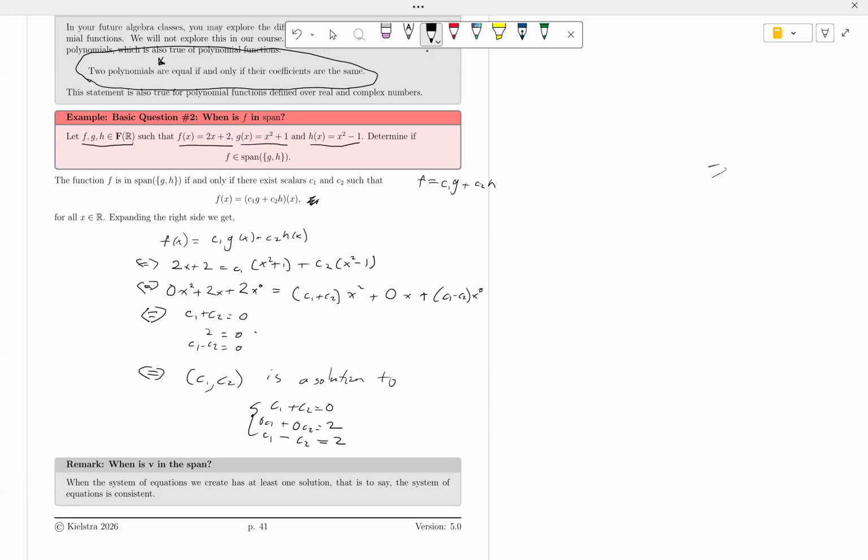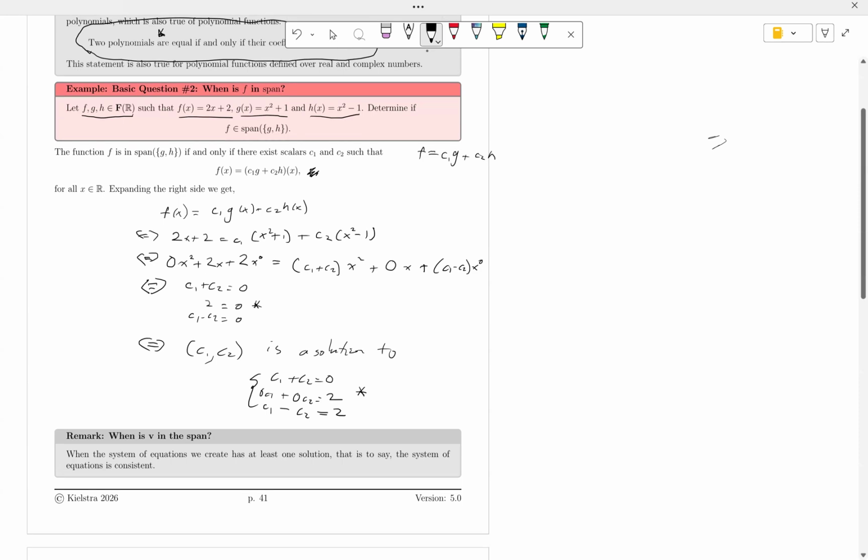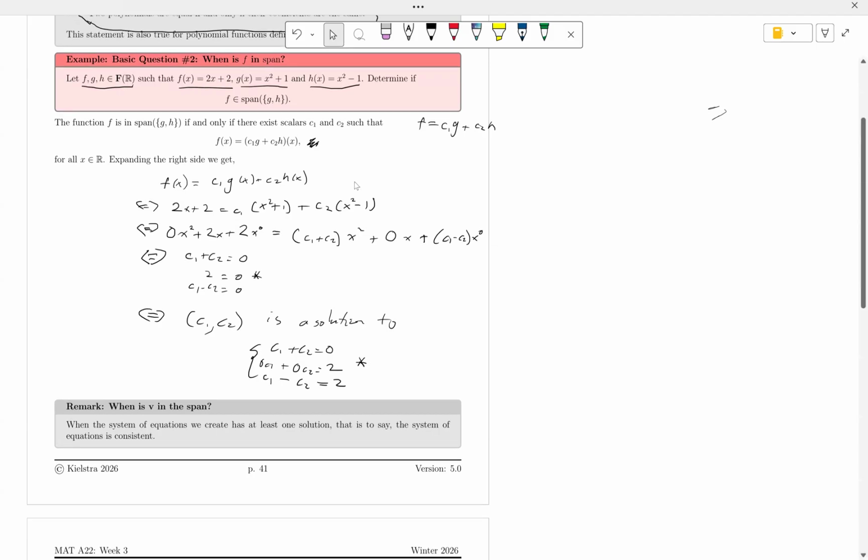And you'll notice here that this equation and this equation had to be slightly modified. But this is still an if and only if statement. And now we can conclude that our vector f is in the span if our system has at least one solution. If our system doesn't have a solution, it's not in the span.